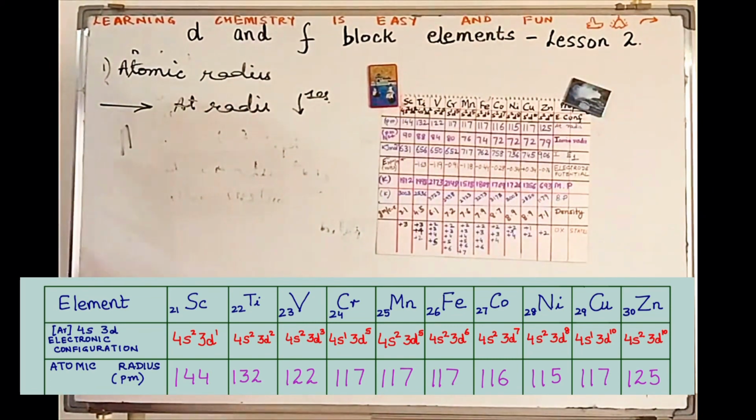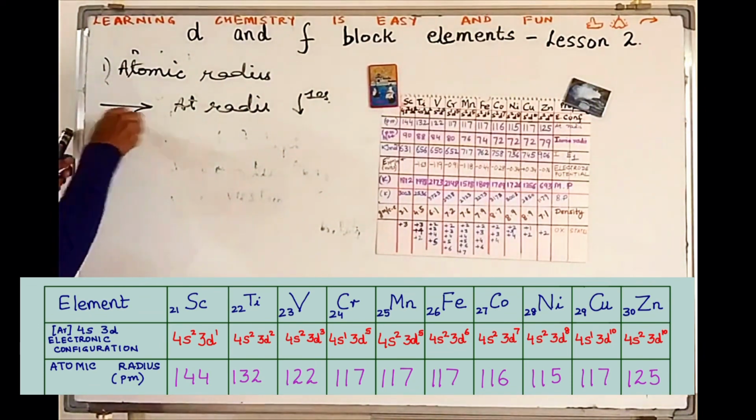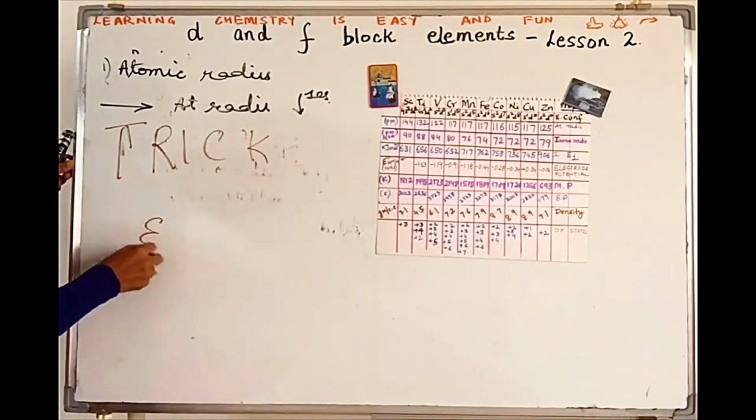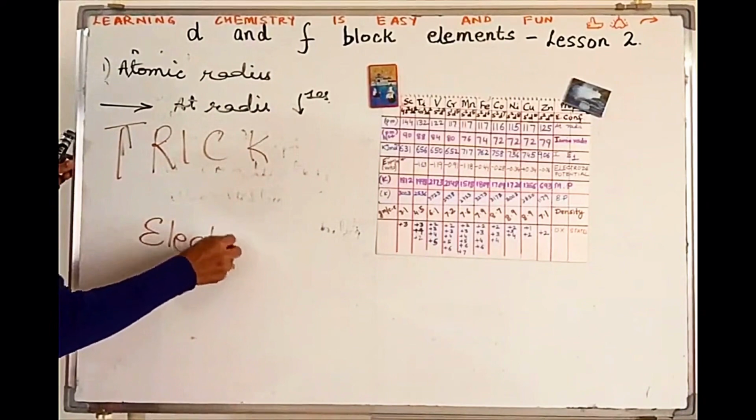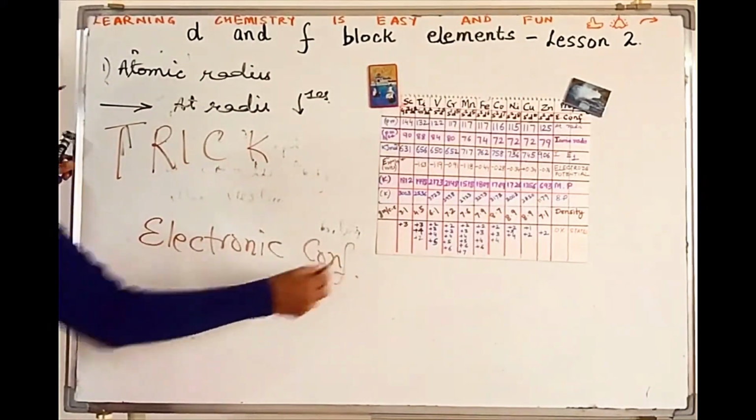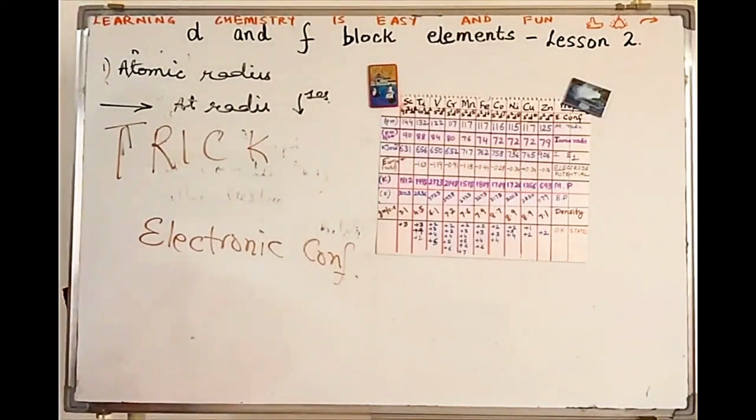One major trick that I am going to tell you in this particular chapter: the entire trick in this chapter is the electronic configuration. Most, I am not saying all, of the explanations or reasonings in this topic can be done on the basis of electronic configuration, right?